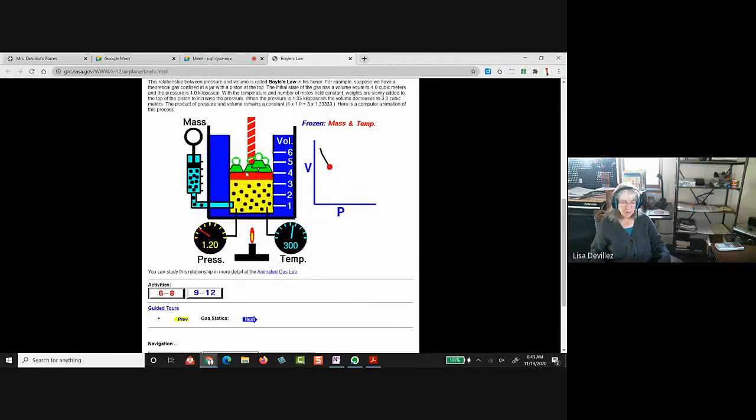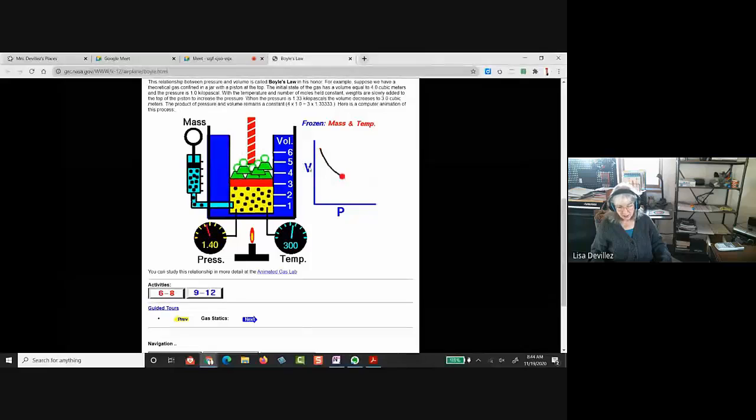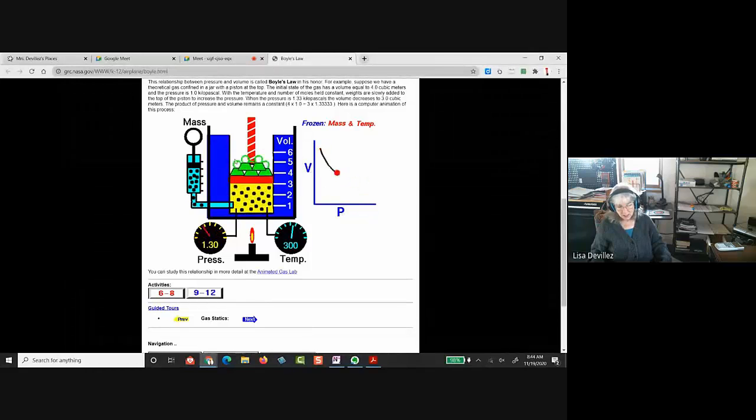Here they have a sample of a gas, and they are increasing the pressure on the gas and looking at the corresponding volume. What we'll see here is that if I hold the temperature constant and I'm not changing the number of moles of the gas, so we're just isolating pressure versus volume, as we increase the pressure, the volume is going to decrease.